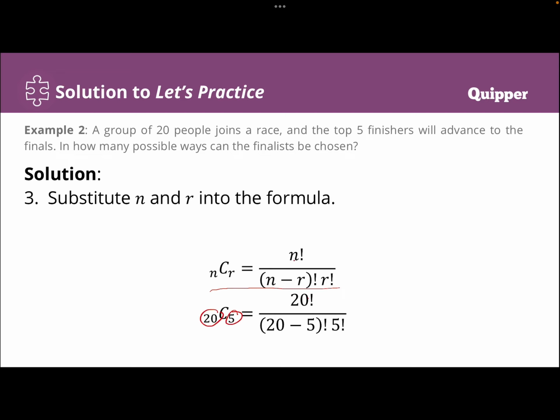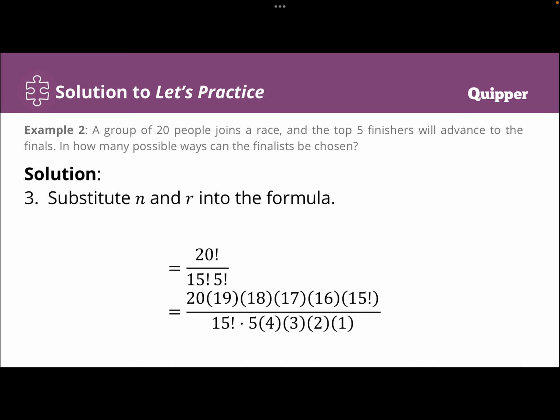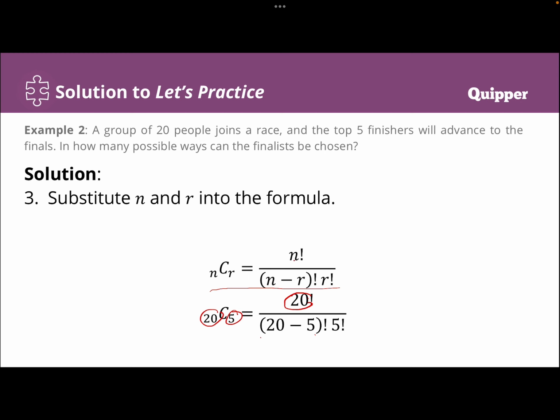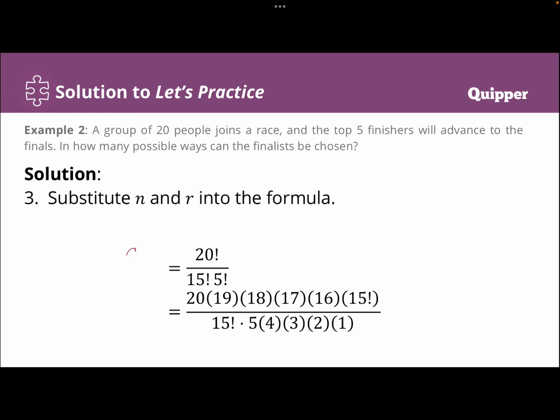So, the same thing here: N is 20, so we have 20 factorial divided by (20 minus 5) factorial times 5 factorial. Next, we have here the combination of 20 taken 5 at a time. So we got 20 factorial over 15 factorial times 5 factorial.